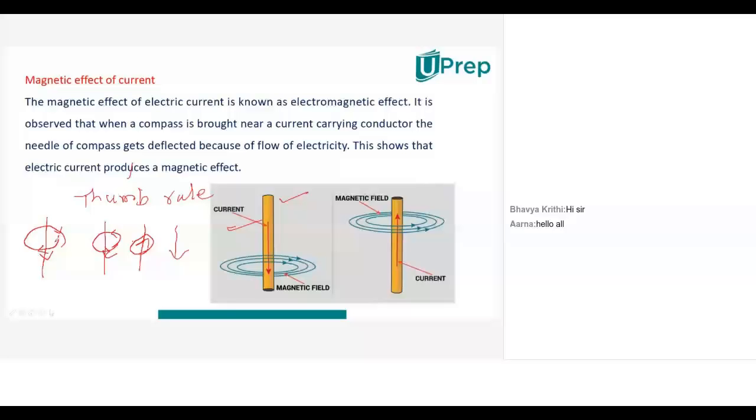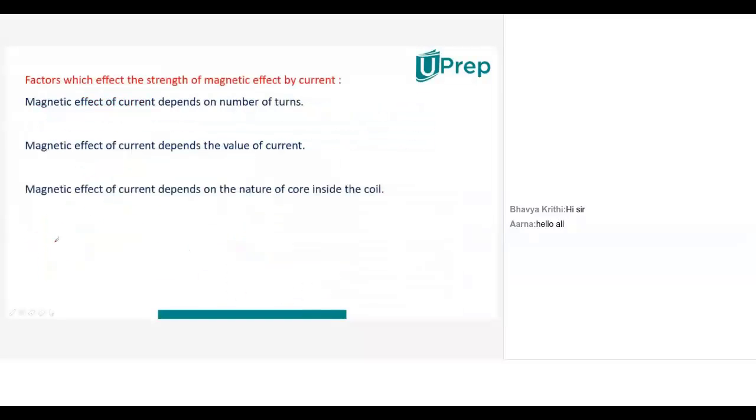Factors which affect the strength of the magnetic effect by current. So on what factors does it depend? The magnetic effect will depend upon the number of turns which you are giving for whatever material you are taking. Suppose I took one rod like this, and around it I wound copper wire like this.